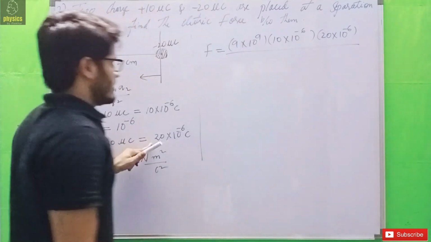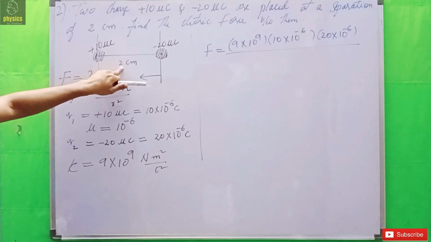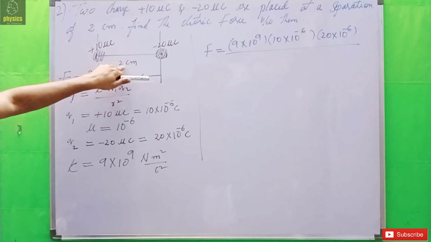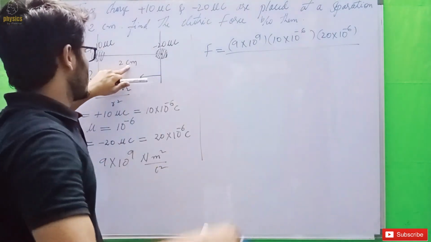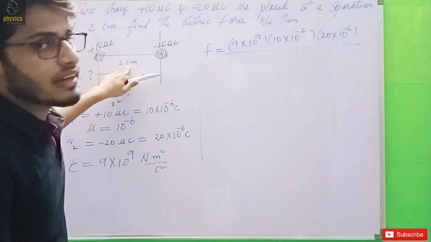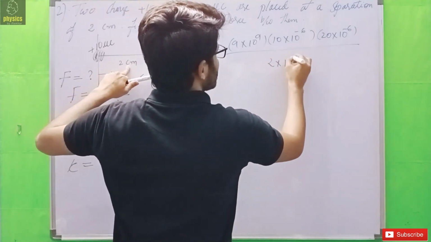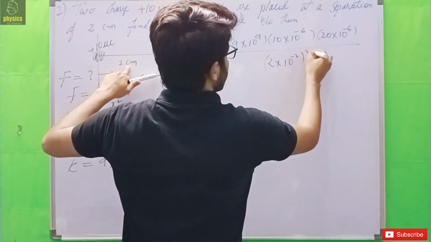Now divide by the distance between them. What is the distance between them? Distance between them is 2 centimeter. 2 centimeter is not an SI unit. Centi means 10 power minus 2. So it will be 2 into 10 power minus 2 whole square.